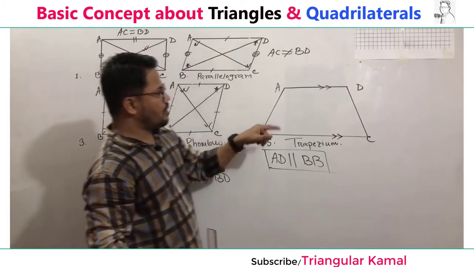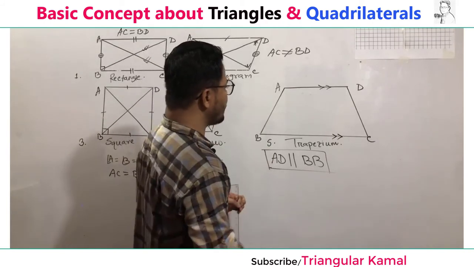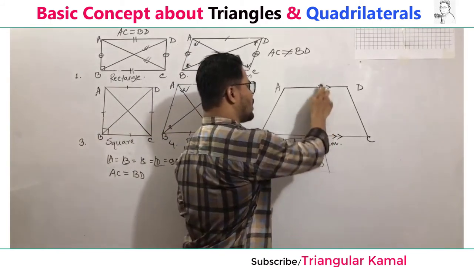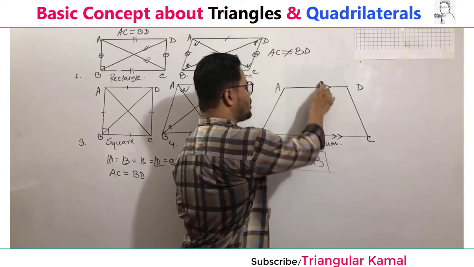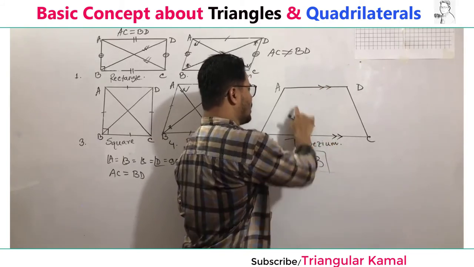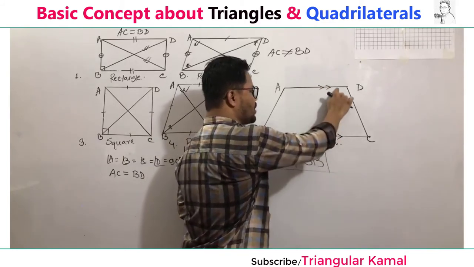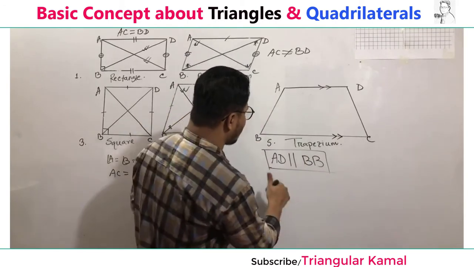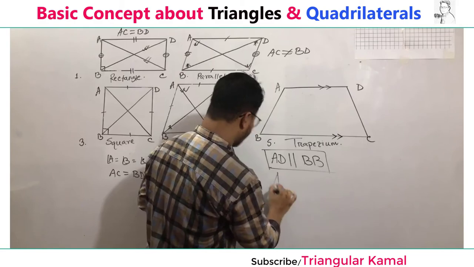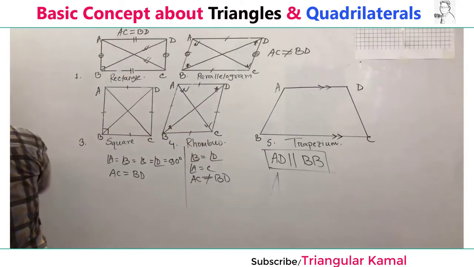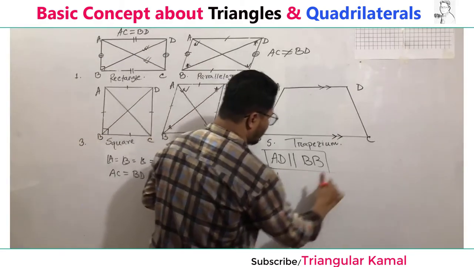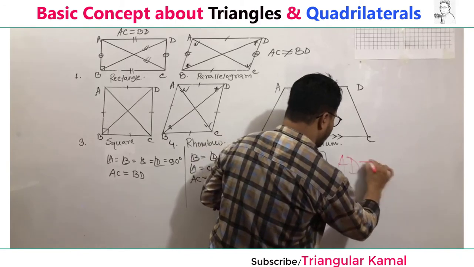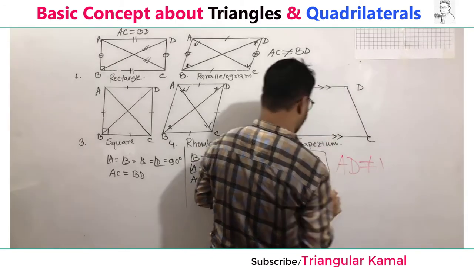In a trapezium, we see only one pair of opposite sides is parallel because the distance between them is the same. But the lengths of the sides, like this one, if we write AD not equal to BC.